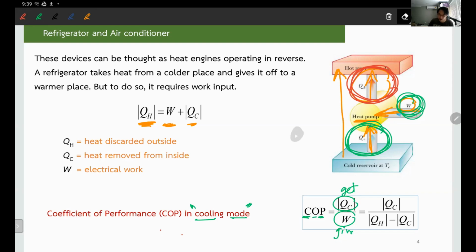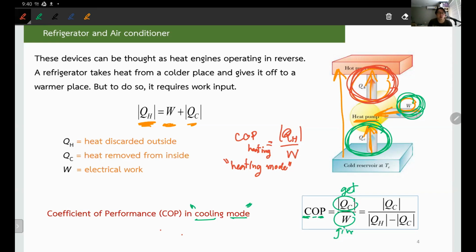If you do Q hot over the W, this is also COP as well, but it's the heating mode. Okay, this is the heating mode. There you go, just so you know. But I think what is closer to us in Thailand is going to be the COP in the cooling mode.